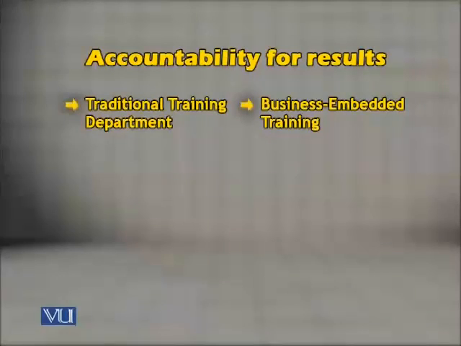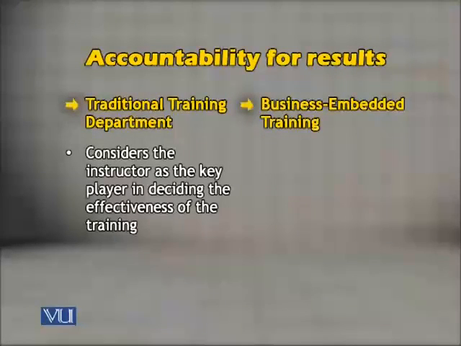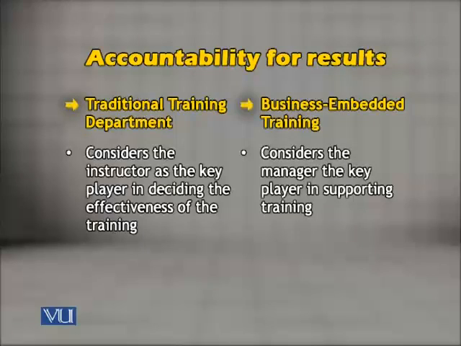Then, a traditional training model considers the instructor as the key player in deciding the effectiveness of the training function. Whereas a business embedded training model considers that the manager is the key player in supporting training. So it's not the instructor who supports the training function, it is the manager. Instructor is only the facilitator, but the key player of determining the training requirement and providing the training support is the manager.